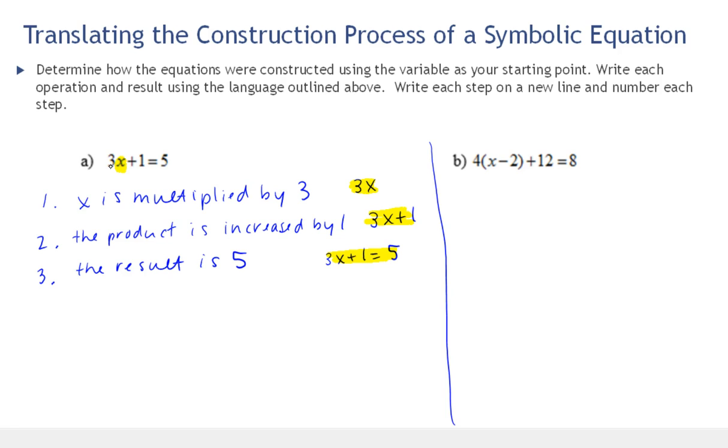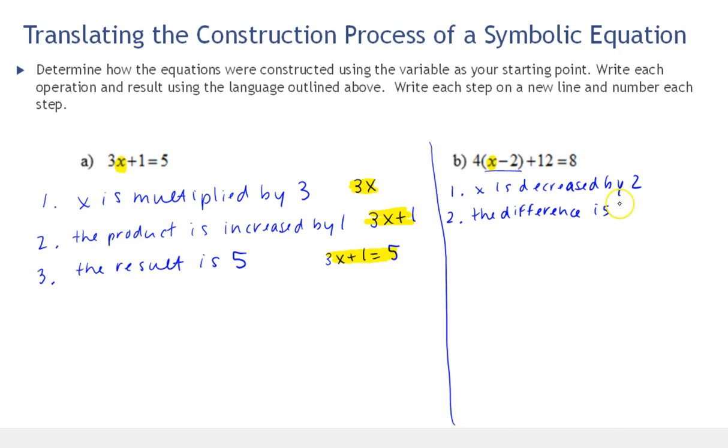Let's look at the next one. So here's x. Now we're going to start by, we have x minus 2, so x is decreased by 2. And since we did subtraction, we call the result of that the difference. So now the difference is, well, we've done decrease by 2. The next thing we would do is multiply by 4.